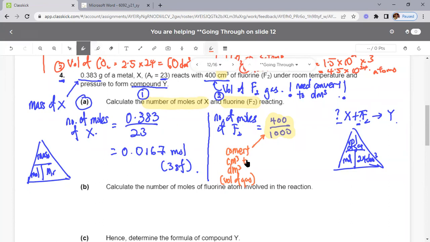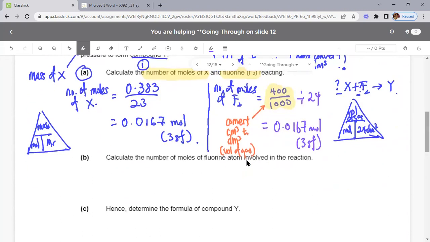So write down here, divide by 24. 400 divided by 1000 to get dm cube, then you divide by 24. Your final answer will be 0.0167 mole, in terms of 3SF. I hope you all got that both of them are 0.0167.